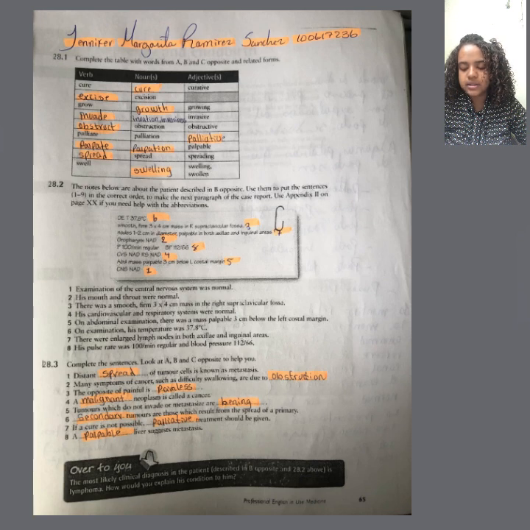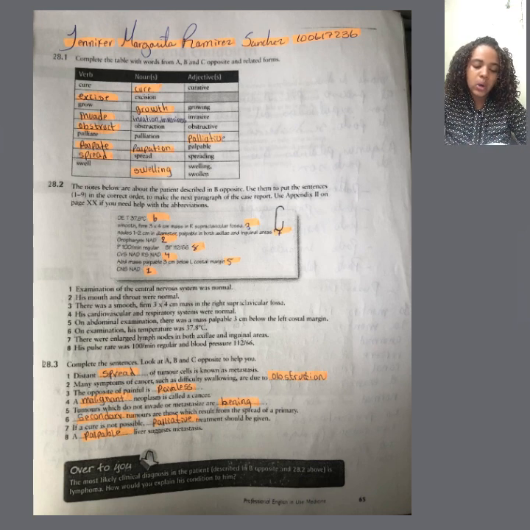Use Appendix 2 on page 20 if you need help with the abbreviations. Temperature 37.8 degrees Celsius.